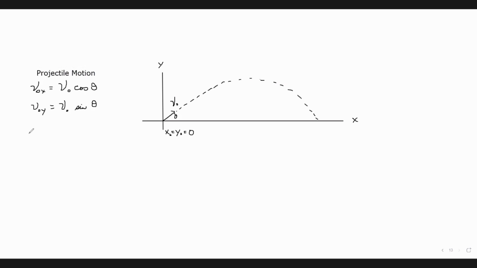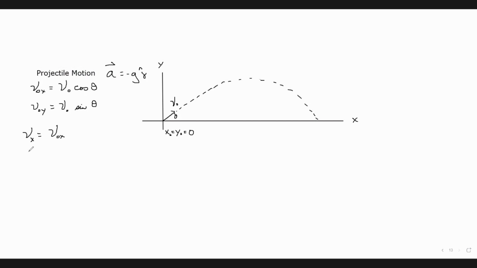So our kinematic equations become v in the x direction is simply equal to v0x. Oh, and that's it, because there's no acceleration acting in the x direction. The acceleration acts only in the y direction. So I'm going to write down acceleration is equal to minus g. And if I want to make it a vector, we'll do that.